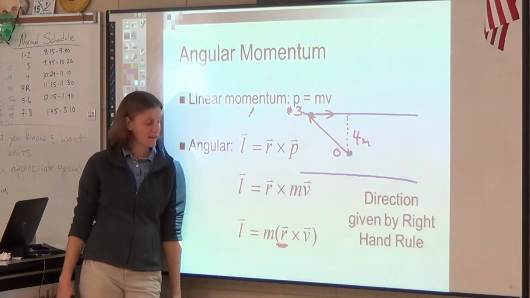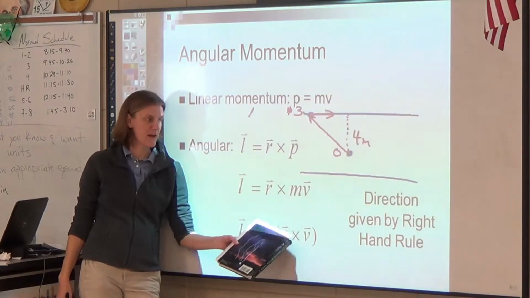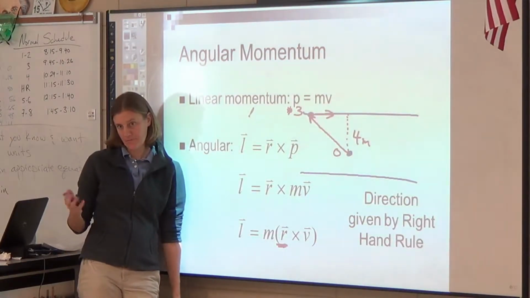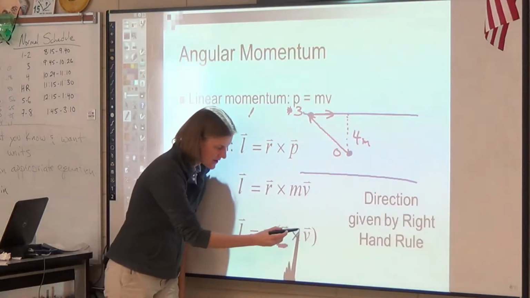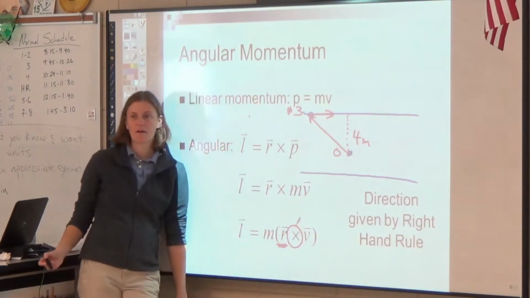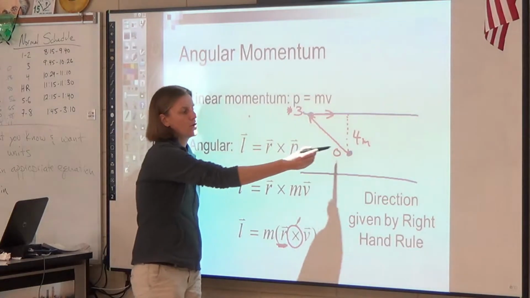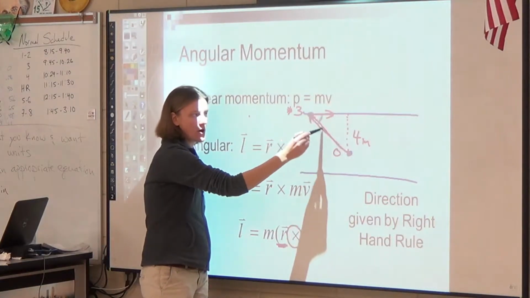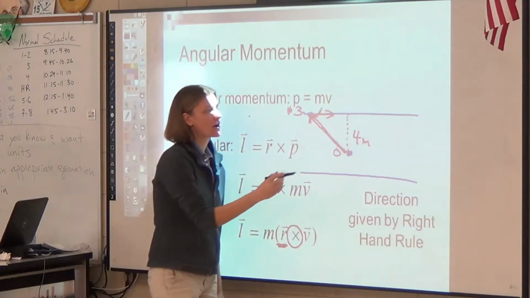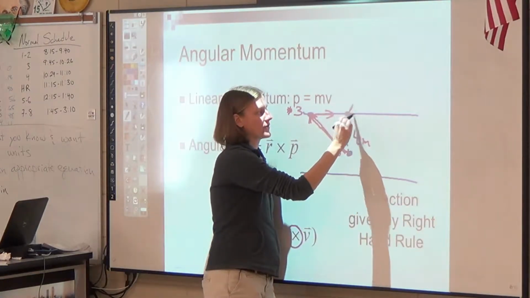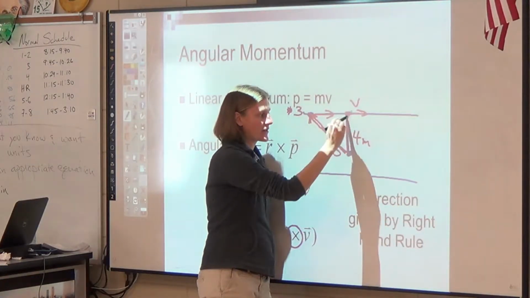Well, we can technically calculate the angular momentum even if it's not actually going in a circle about something. That's what they're saying. Okay, but here's what we're missing, this part right here. Does it matter really what the actual R is? No. What matters is the R that is perpendicular to the velocity. So if velocity is that way, I really actually only care about the 4.